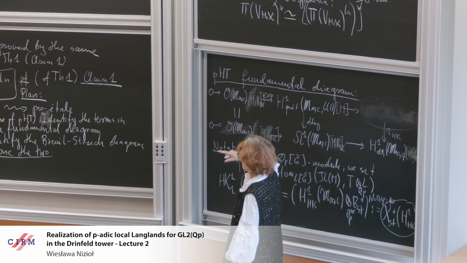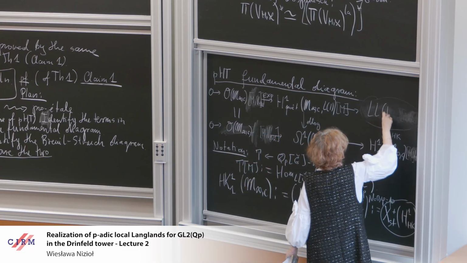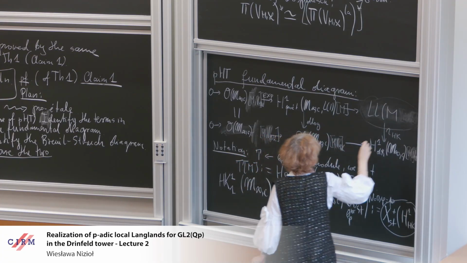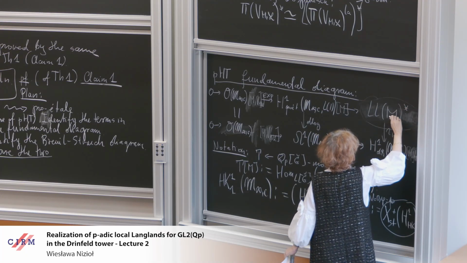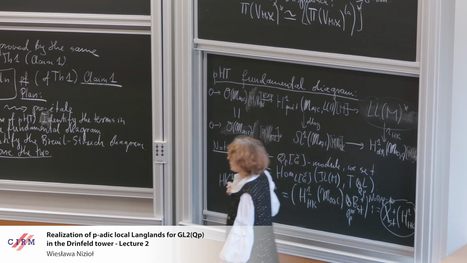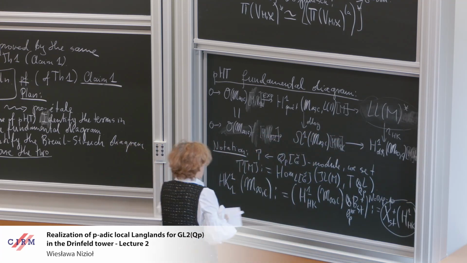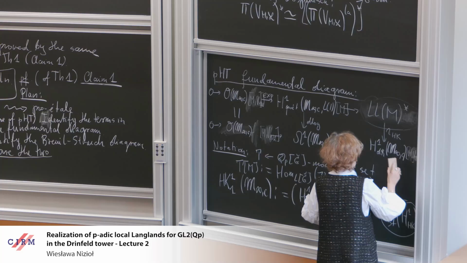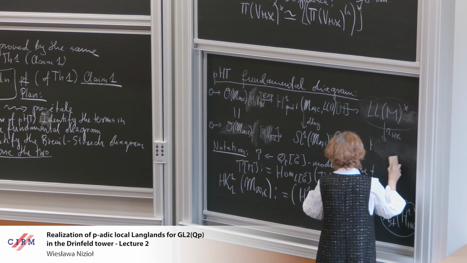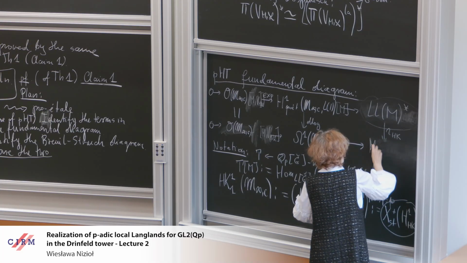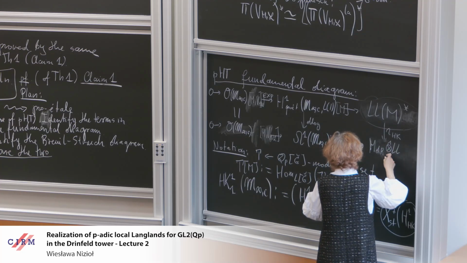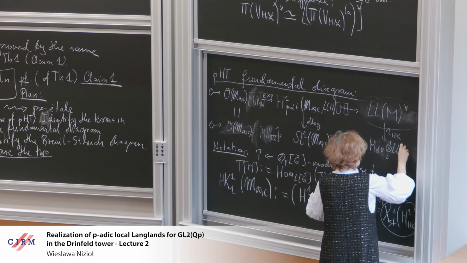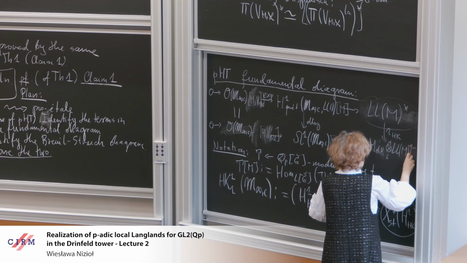But I got this local Langlands dual, right? I think that's all I get on that side. And here, let me write what we are getting. Here we are just going to get M de Rham tensor LL M dual, and V_ML maybe.